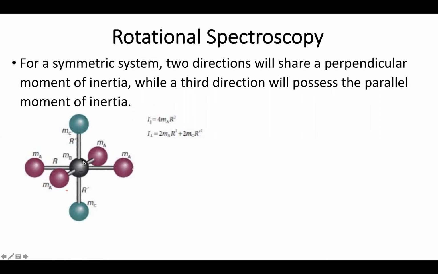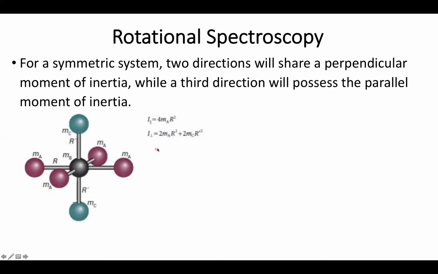One for rotation about, let's call it the x-axis, where I'm rotating this way, and then one for the y-axis, about this line, where I'm rotating this way in a perpendicular plane to the x.